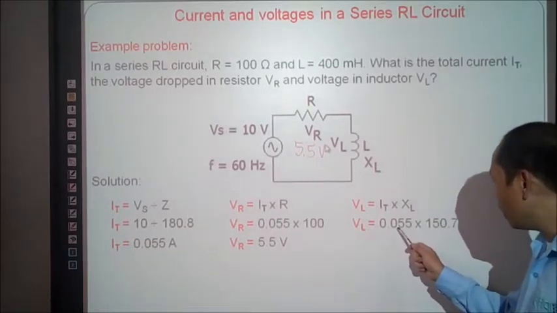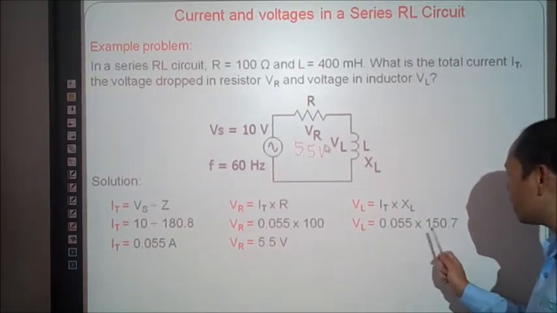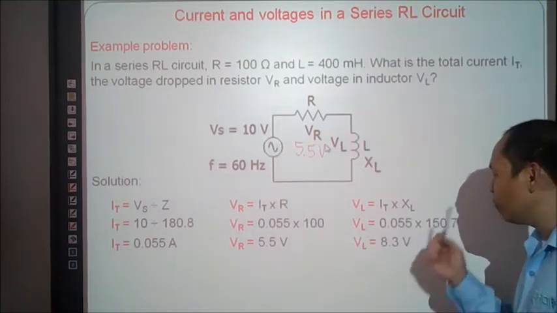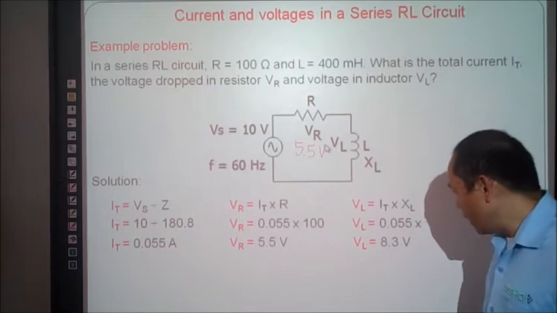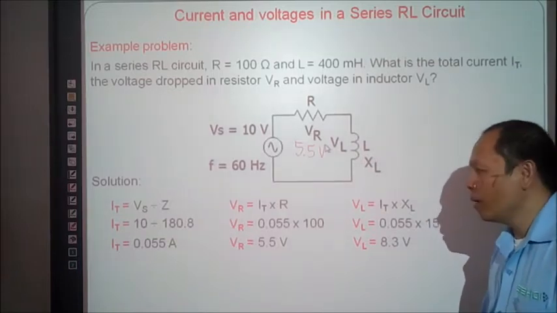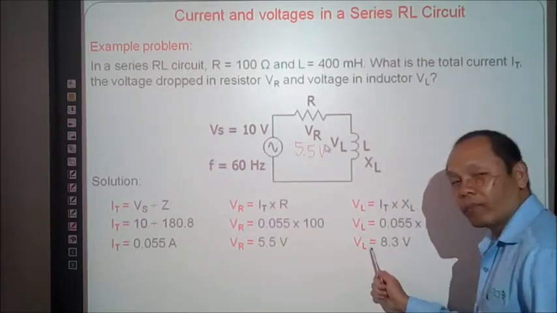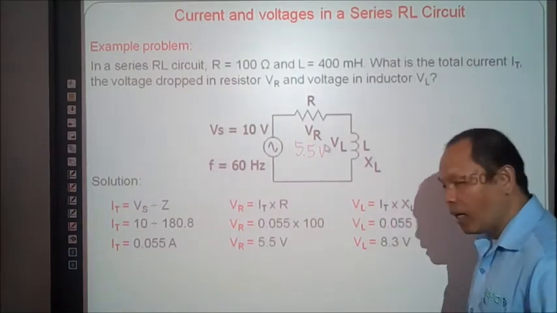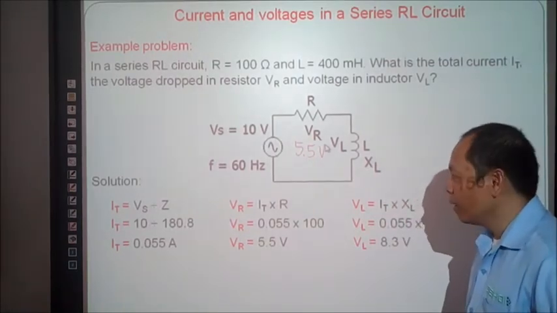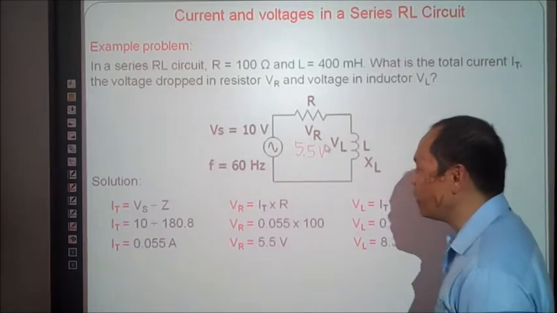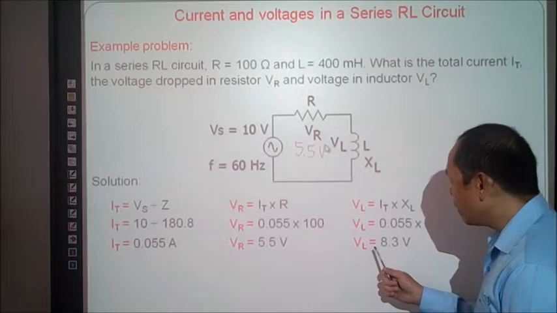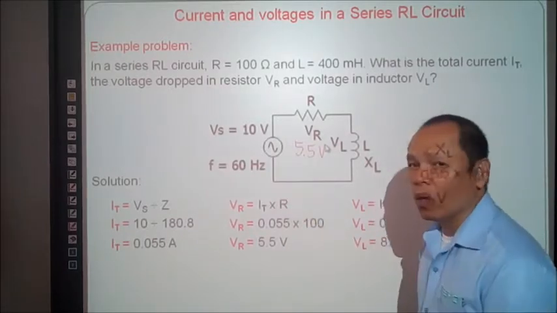So 0.055 times 150.7, your inductor voltage is equal to 8.3 volts. Now, is this correct? Is VR correct? Is VL correct? I don't know. So what is the formula to solve for these two, to make it equivalent to 10 volts?